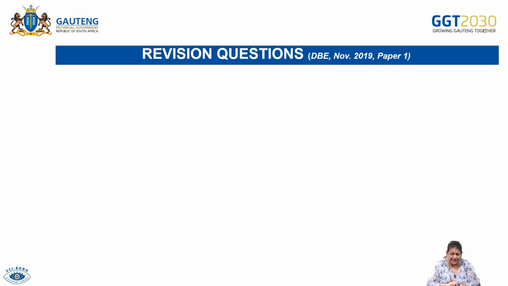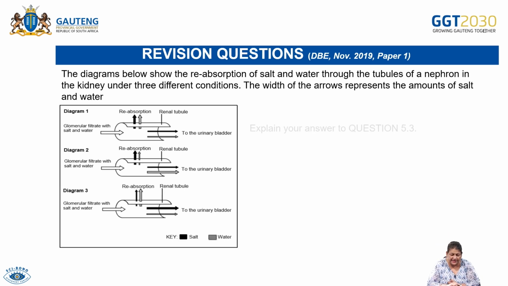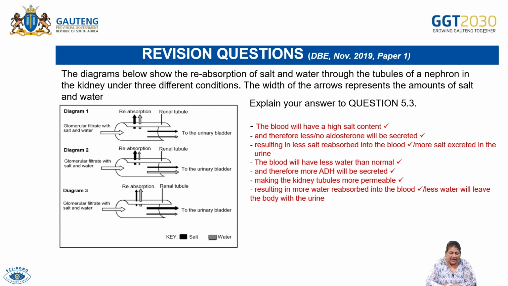And how will you explain it? You'll explain it like this, by saying, the blood will have a high salt content, or you can say the salt level in the blood is higher than normal because the person ate chips with salt or salty chips. Therefore, no aldosterone will be released.